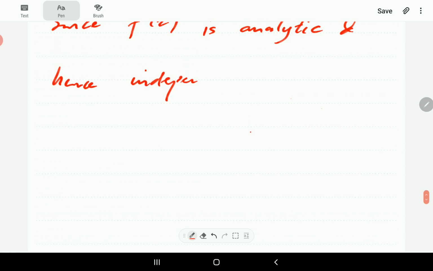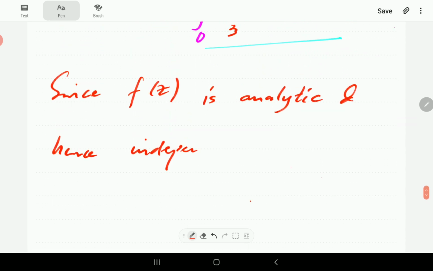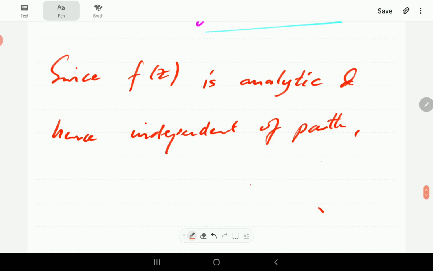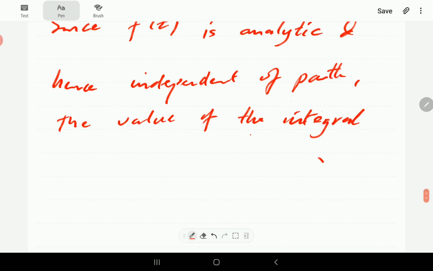Since that is independent of path, the value of the integral should remain invariant.